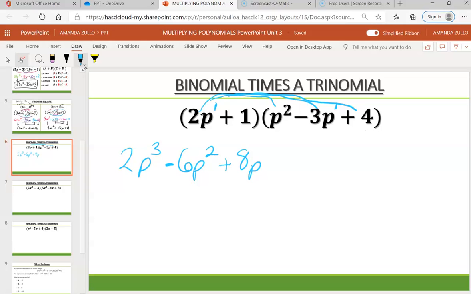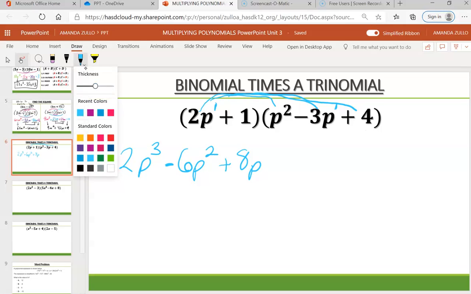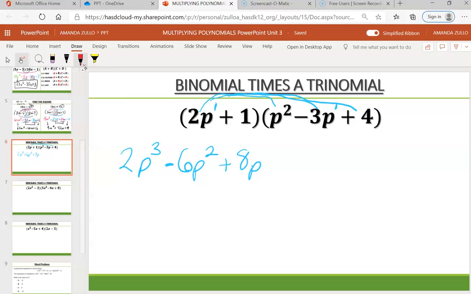Okay. So since we multiplied our 2p to every term in the second quantity, now we're on to our 1. When I multiply this 1 to every term here, I'm going to start lining it up underneath by like terms. So I have 1 times p to the second power, which is 1p to the second power.